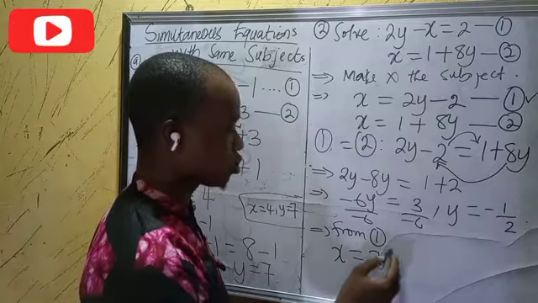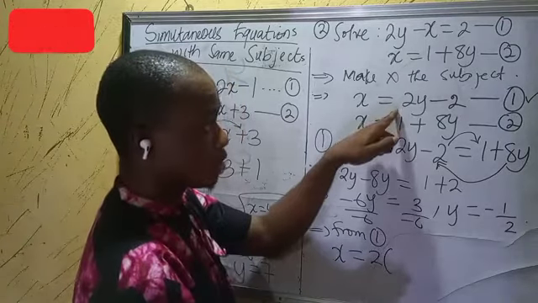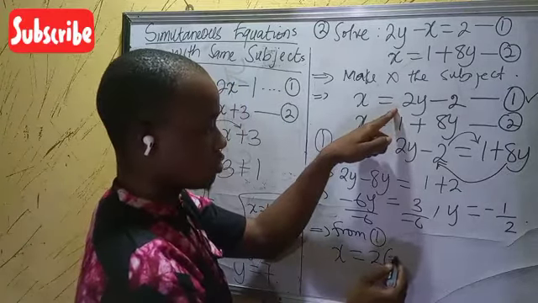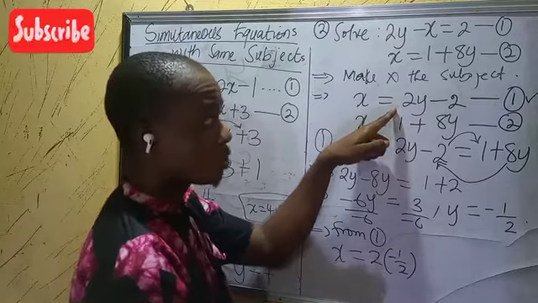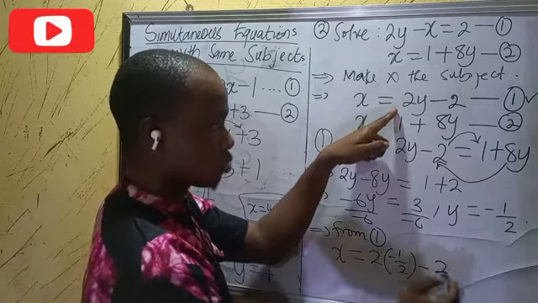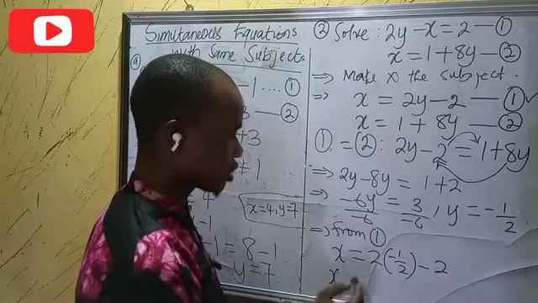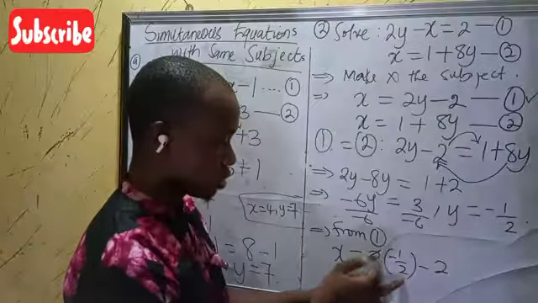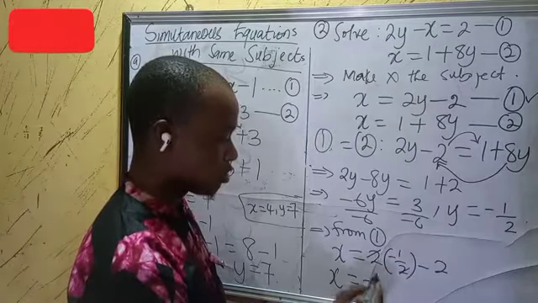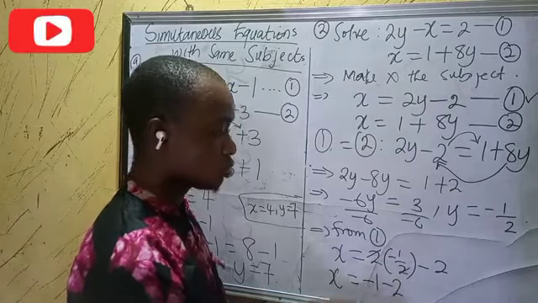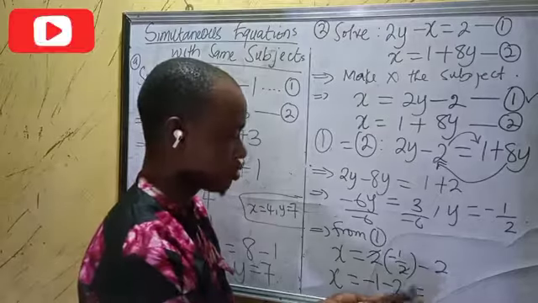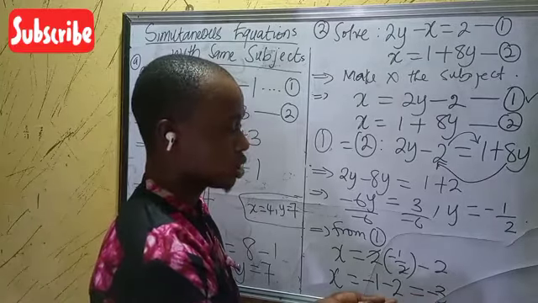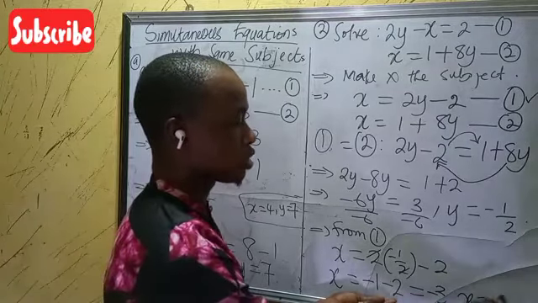We are going to have 2 times minus 1 over 2, then minus 2. So we cancel this 2 here, this one we cancel this one. We have minus 1 minus 2, which is going to give us minus 3. Therefore we have x equals minus 3.